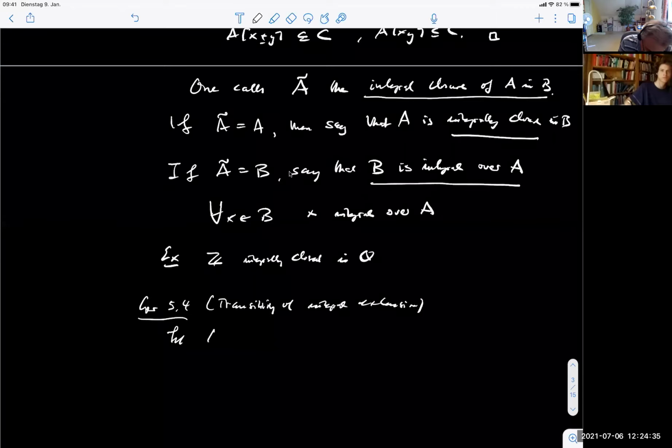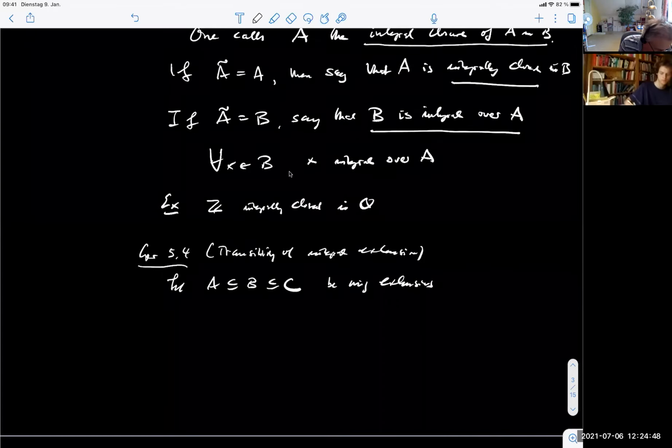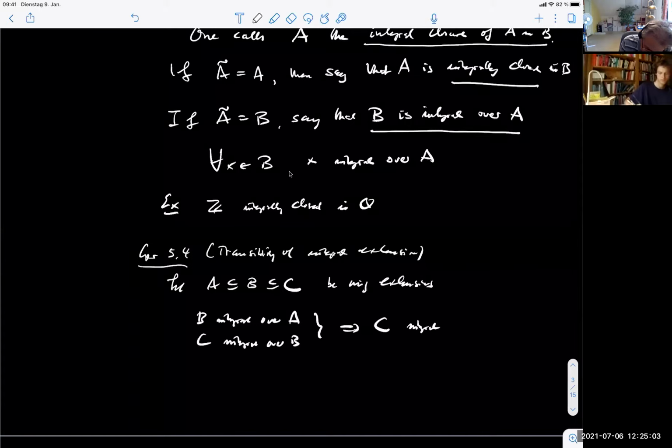Let's say A is a subring of B is a subring of C. So these are ring extensions. Then if I have B integral over A and C integral over B, it follows that C is integral over A.